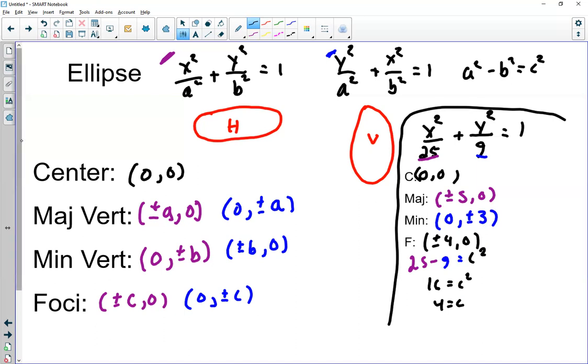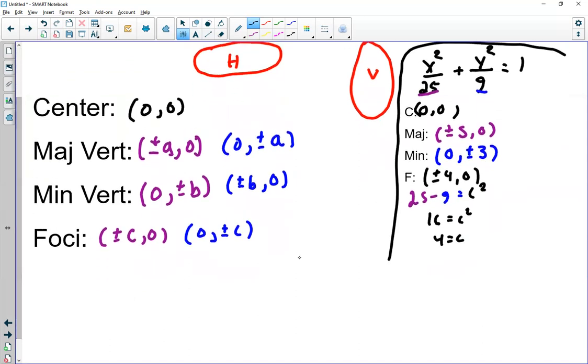So to graph this, I'm gonna move down a little bit. All right. So my majors is going to be the longer points, and that's natural because it is bigger. So my majors is going to be 1, 2, 3, 4, 5. And then 1, 2, 3, 4, 5.